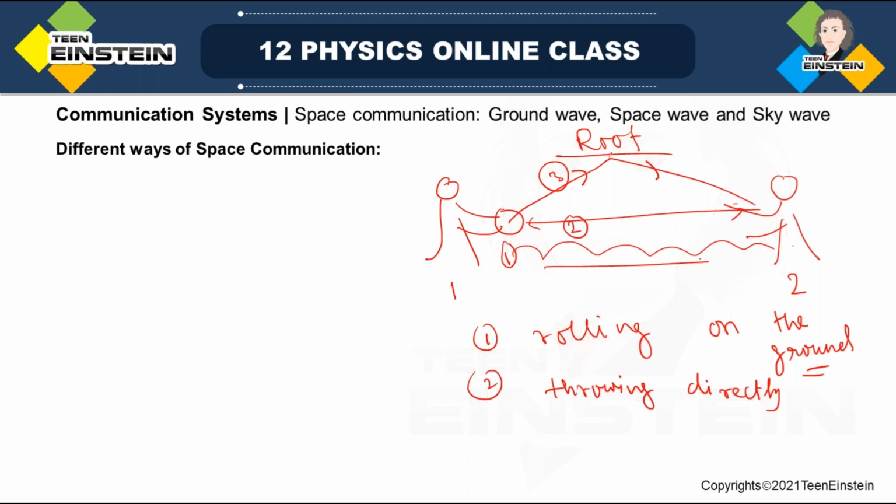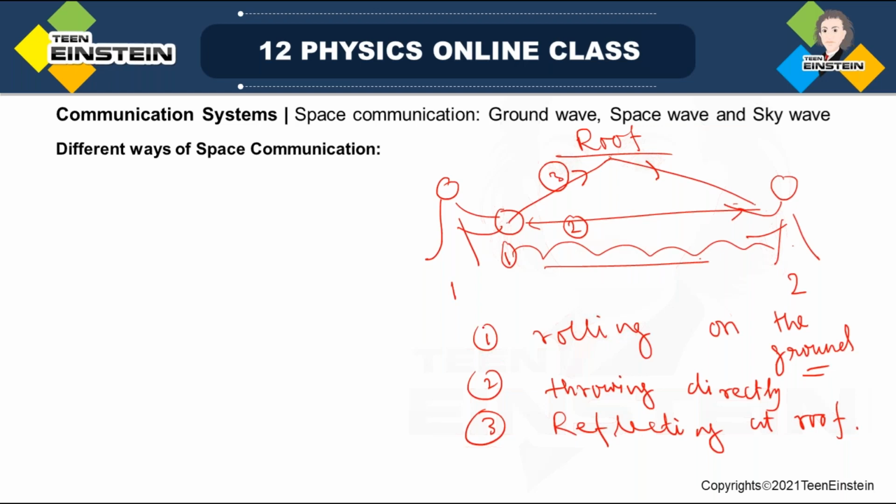Another way is that if they are playing an indoor game, there will be a roof. He can just throw it to the roof, and after hitting the roof, it will be reflected back to the person. So these are three ways, the last one actually reflecting at a roof. These are three methods by which these two persons can transmit the ball from one to another.